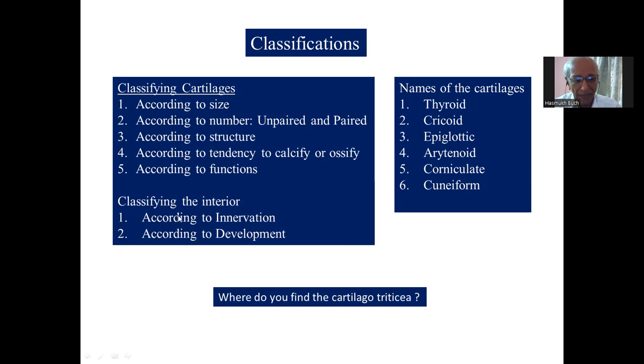Interior is classified according to innervation, part supplied by the superior laryngeal nerve, its internal laryngeal branch, and according to development, part derived from the fourth pharyngeal arch, and part derived from the sixth or the last pharyngeal or branchial arch.